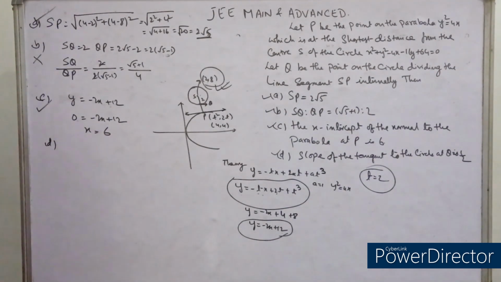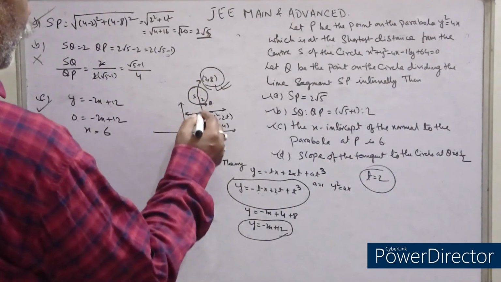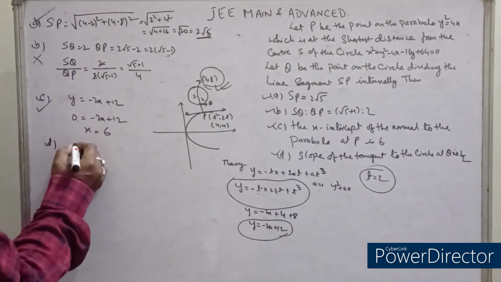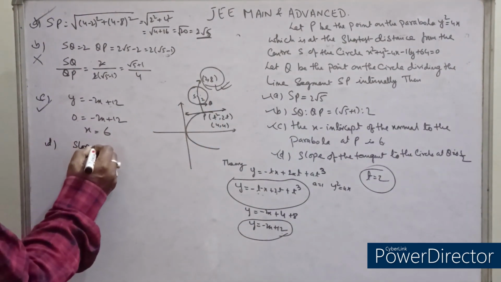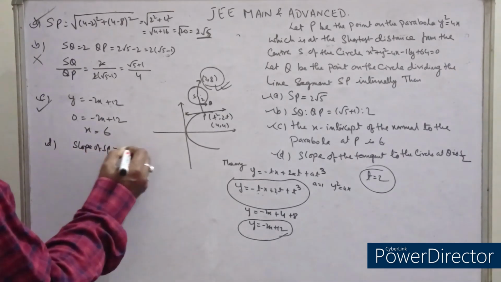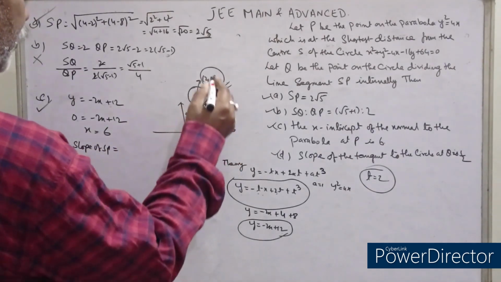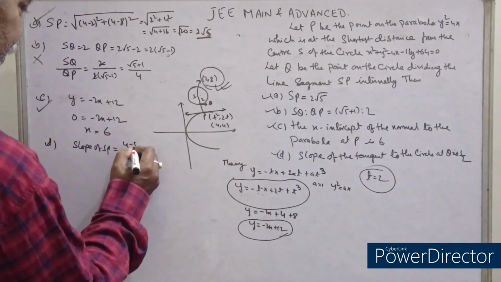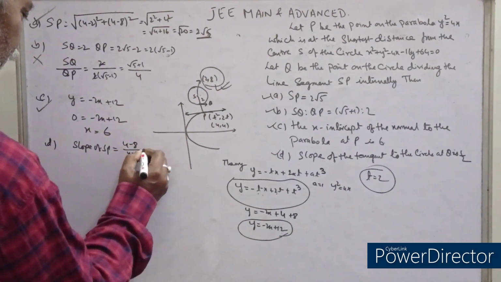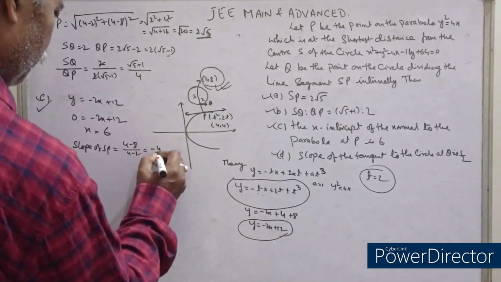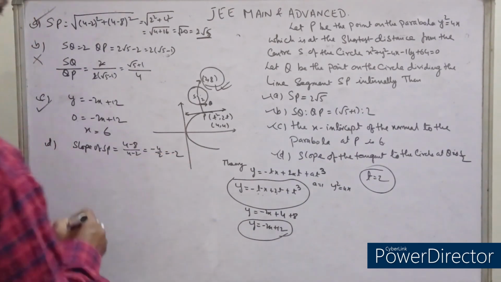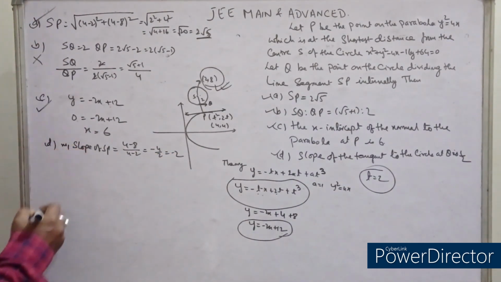Now to find the slope of this tangent, first of all I am going to find the slope of SP. Your slope of SP will be y2 minus y1 by x2 minus x1, that is (4 minus 8) by (4 minus 2). So this is minus 4 by 2, this is minus 2. Let me take it to be m1.